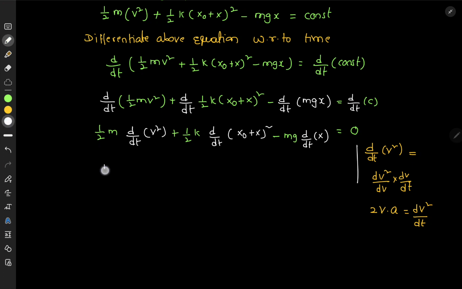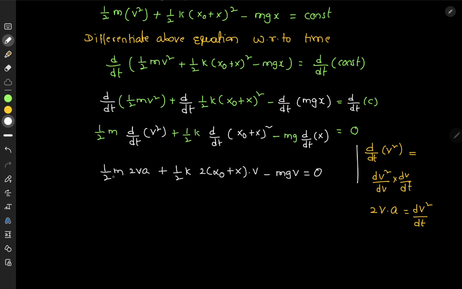Similarly, it is going to be half m into 2va plus half into k into, in the same manner with the rest by using the chain rule, 2 into (x naught plus x) into dx by dt, which is v, minus mg, dx by dt is v, mgv equals 0.